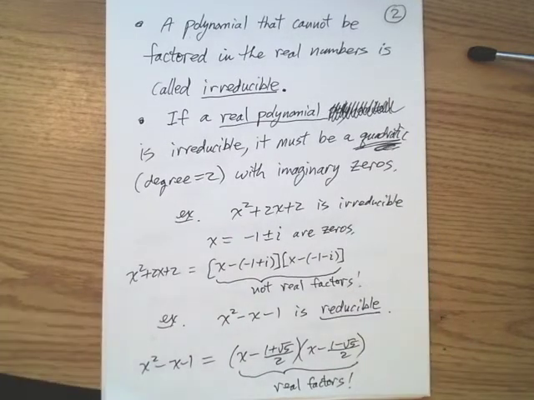So the only real polynomials that are irreducible are quadratic ones with imaginary zeros. This is a fact that we can derive from the fundamental theorem of algebra together with the conjugate zeros theorem, but I'm not going to go through the details on that.